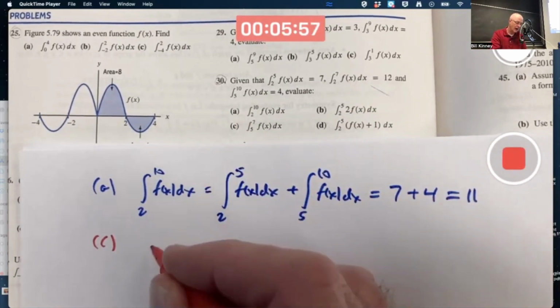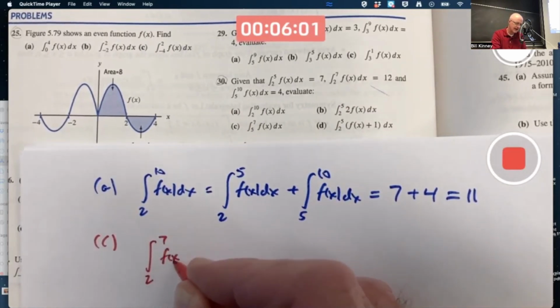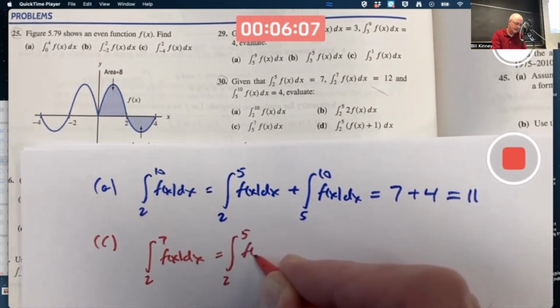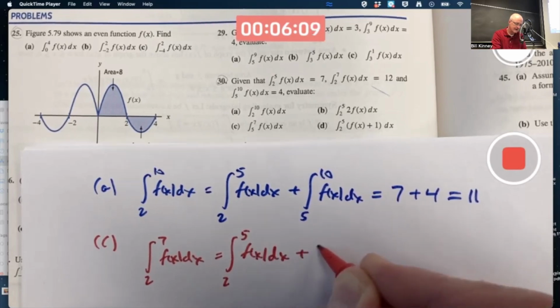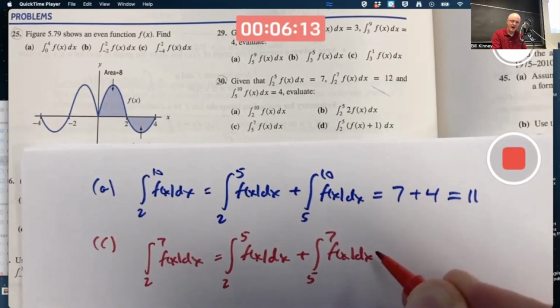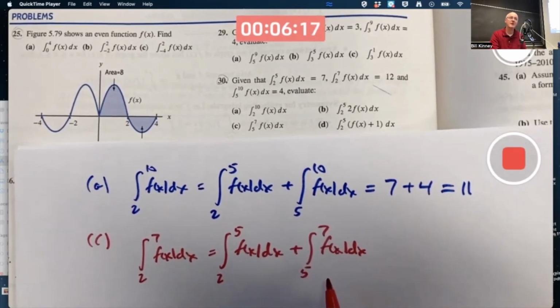So I could write down an equation there, an abstract equation, to say exactly that. The integral from 2 to 7 is the sum of the integral from 2 to 5 plus the integral from 5 to 7. But the integral from 2 to 7 is not what we're after. We're after the integral from 5 to 7 in part C. But it's just a matter of solving for the unknown.